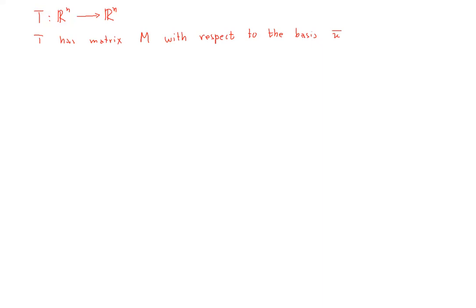Okay, so in other words, according to the notation that we had introduced before, M is the matrix of T with respect to the base U on both sides of the computation. Okay, and now let's say that you have another basis V with respect to which you hope that T will have a more convenient matrix to work with.